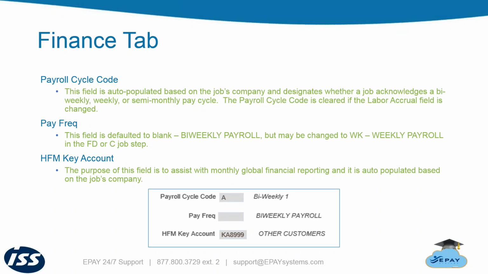The pay frequency, so this field is defaulted to blank. Biweekly payroll, but not be changed to weekly payroll in the FD or C step. Next you see HFM key account. The purpose of this field is to assist with monthly global financial reporting and is auto-populated based on the job's company.